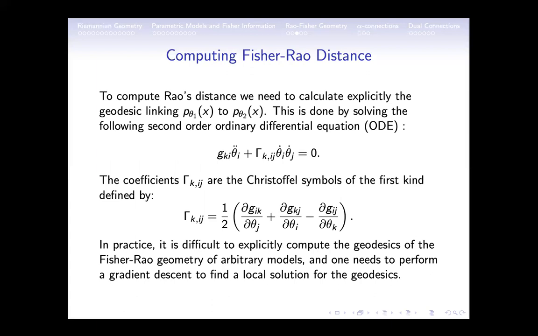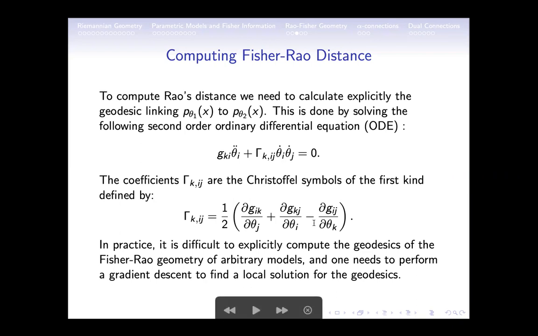But it's difficult because it requires computing the geodesics. To find the length in a Riemannian manifold, you need to calculate the geodesic connecting the points theta 1 and theta 2, and after you get the geodesic, you just integrate it. But to solve the geodesic, as I said quite a few times before, you need to solve the ordinary differential equation, which is given in terms of the Riemannian matrix coefficients, some partial derivatives and the Christoffel symbols of the first and second kind.